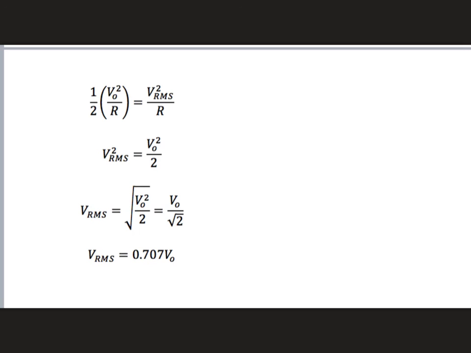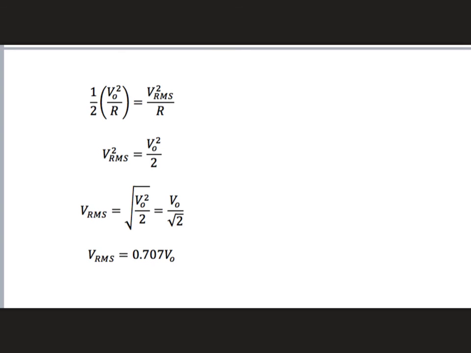So what does this mean? Well, if we had a DC circuit, one where the voltage was not alternating back and forth, then we know that the formula would be V squared over R. But because we have the voltage, which is varying like a sine wave, the power formula is V naught squared over R. The reason that we like this V RMS value, the root mean square value, is because it behaves like the voltage in a DC circuit.